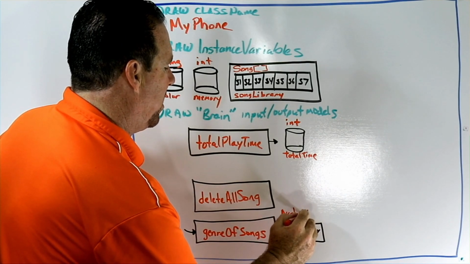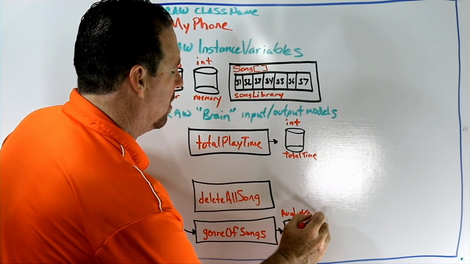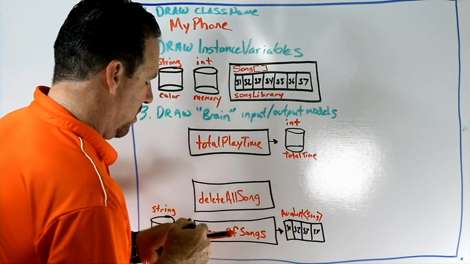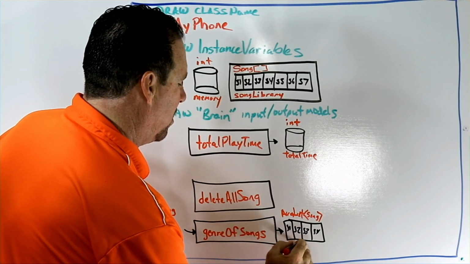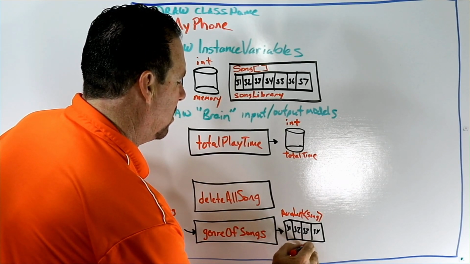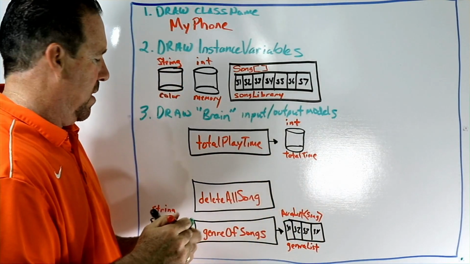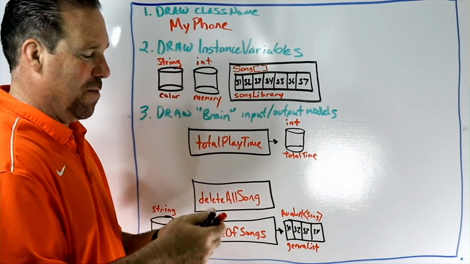And remember, it's going to be array list of songs. Okay, and it also needs a name, so the name of it would be genre. Okay, there it is.